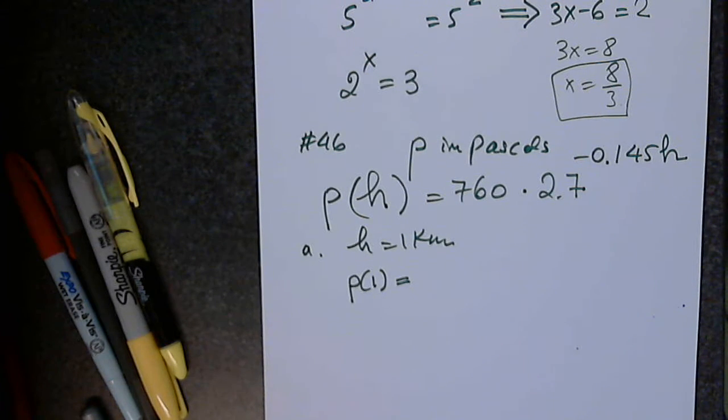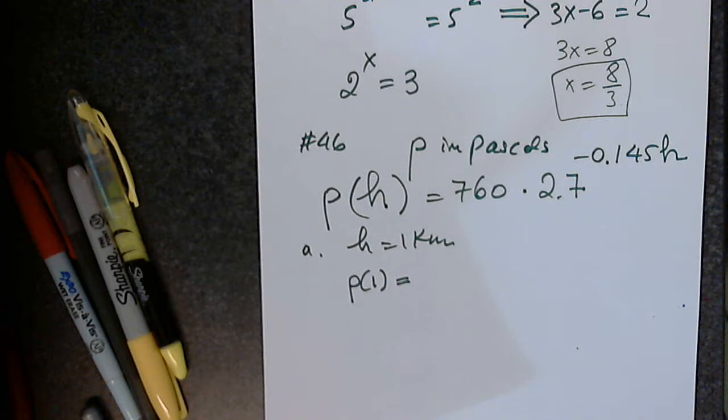So 760 multiplied by 2.7 power, in parentheses please, negative 0.145 times 1, which is negative 0.145. Okay, ready? Press enter.